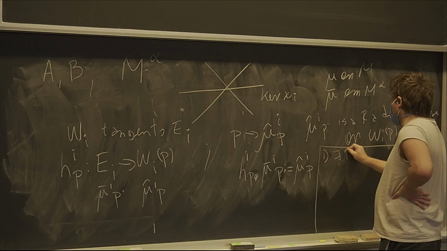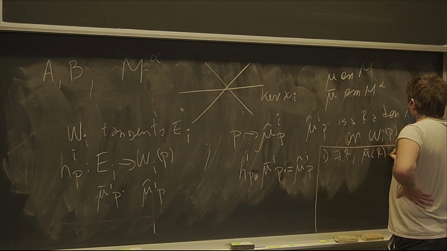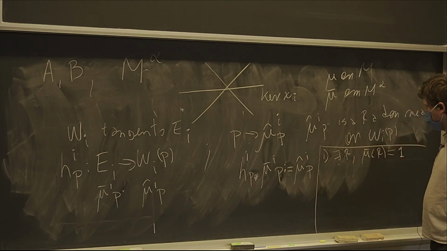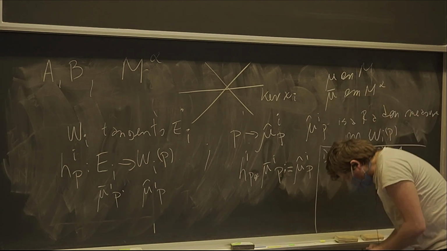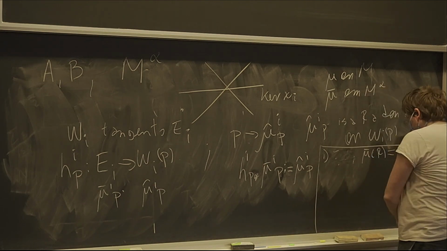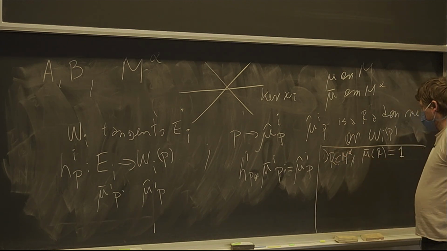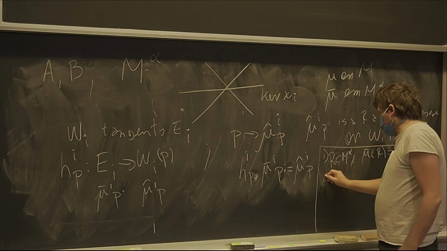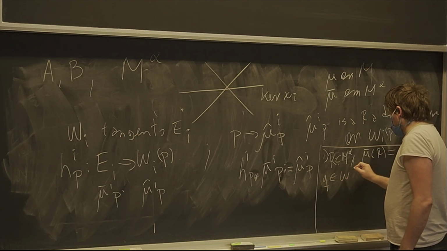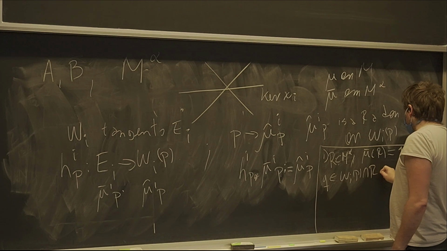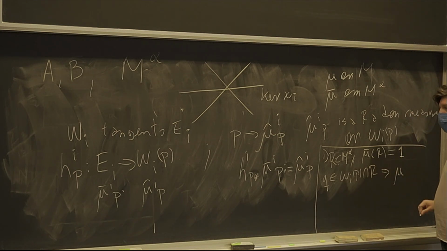There exists a set R contained in M alpha with mu bar of R equal to 1, so that if Q belongs to W^i(p) intersect R, then mu hat_{i,Q} is the same as mu hat_{i,p} up to a multiplicative constant.